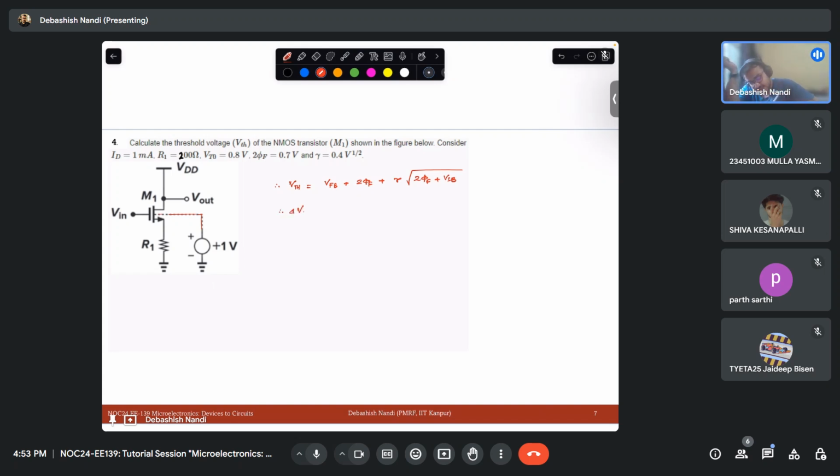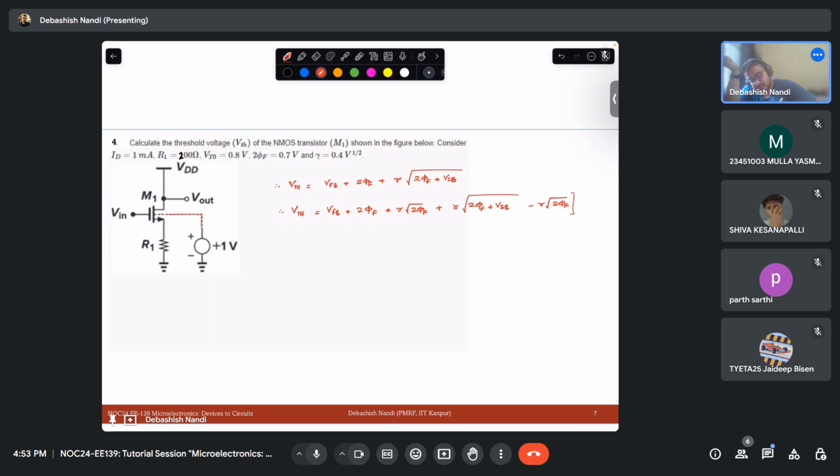So my delta VT is equal to what? Delta VT is equal to gamma root over, or I can write it in this way: VFB plus 2 phi f plus gamma root over 2 phi f, plus gamma root over 2 phi f plus VSB, minus gamma root over 2 phi f.